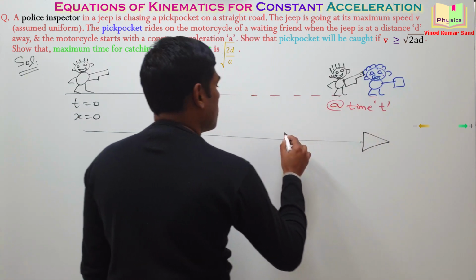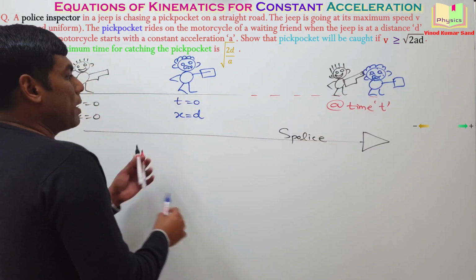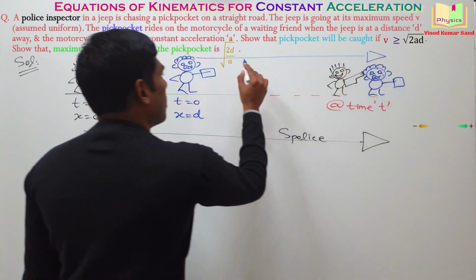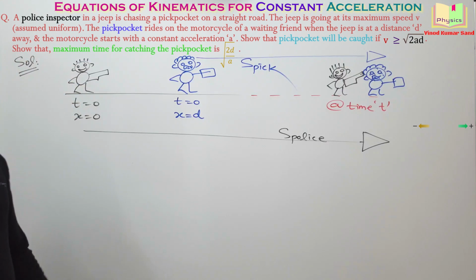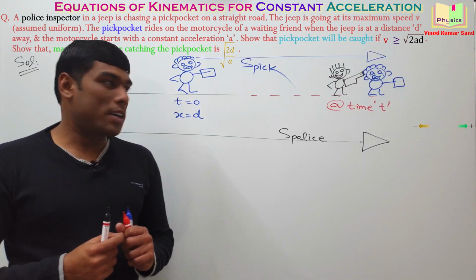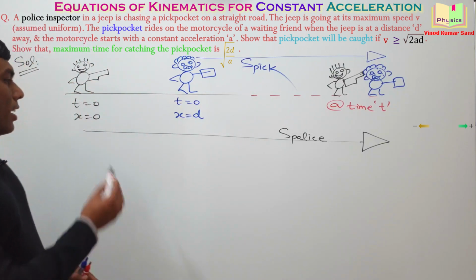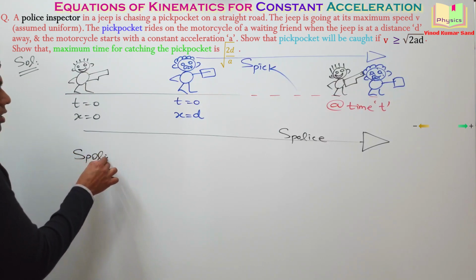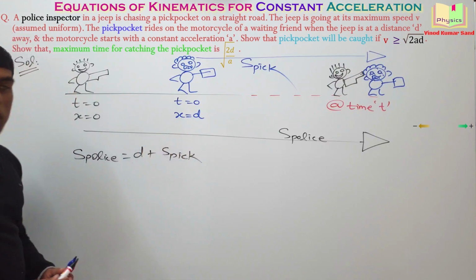We designate this distance by S police. And that the pickpocket has also traveled some distance. We designate this as S pickpocket. Concept is simple. In order to catch the pickpocket, how must all these distances be related? Actually, S police should be equal to d plus S pickpocket. Do you agree?